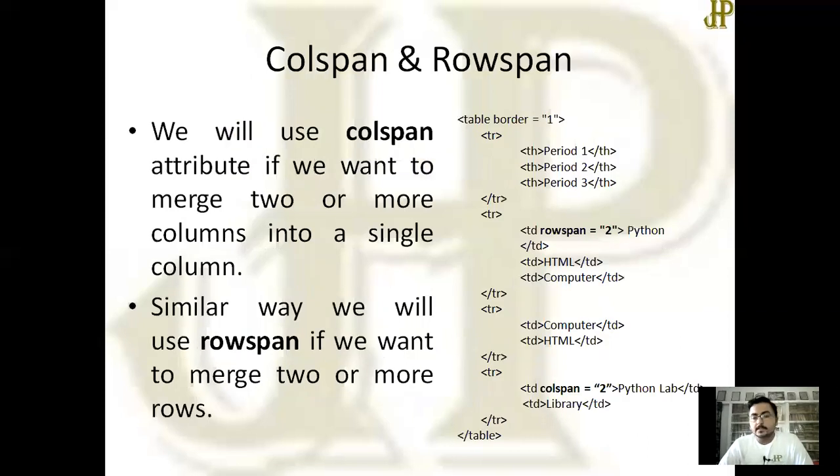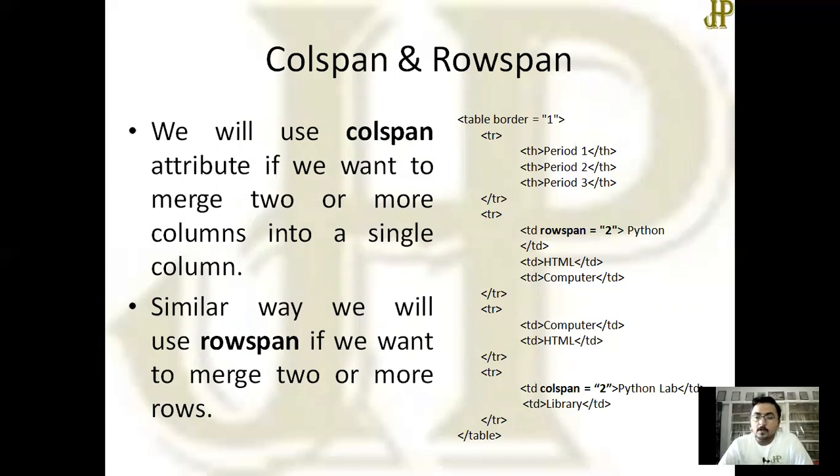Now, next attributes are colspan and rowspan. Sometimes you have seen tables that have rows or columns merged into a single column or a single row.